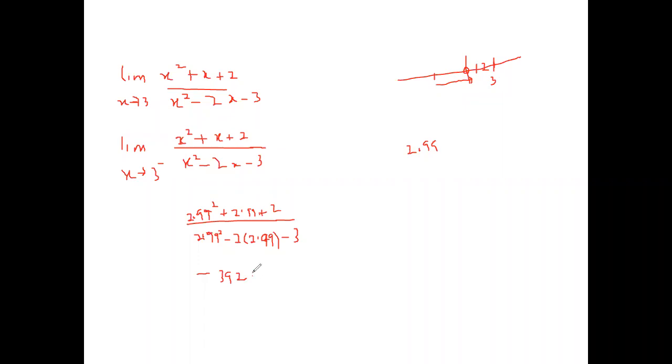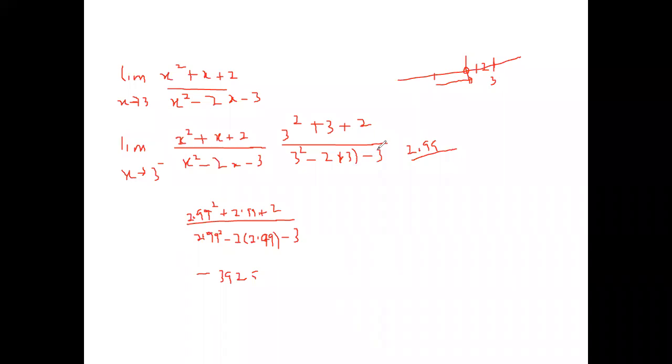Good. Now, if this value gets increasingly big, very close to 3, let's assume we put 3 into this function. This will be 3 squared plus 3 plus 2 over 3 squared minus 2 times 3 minus 3.